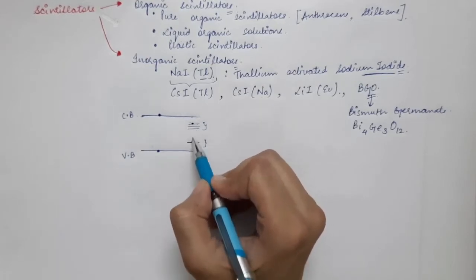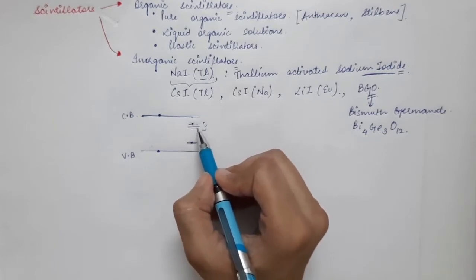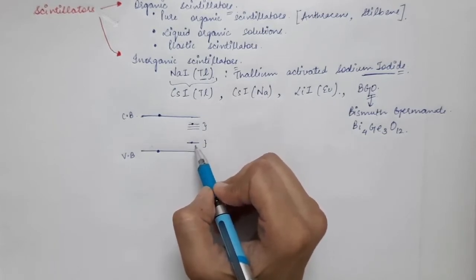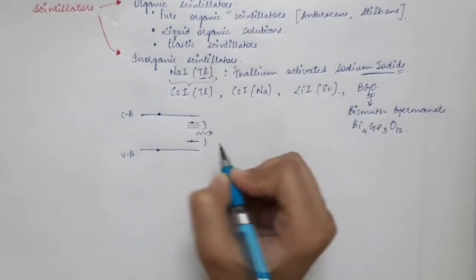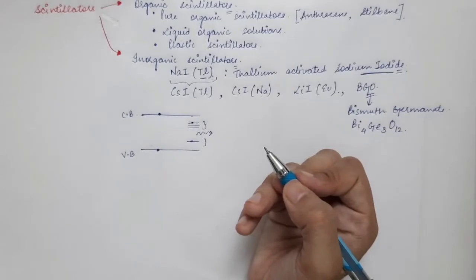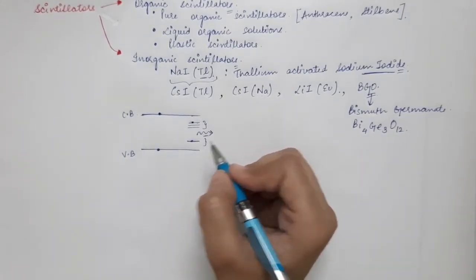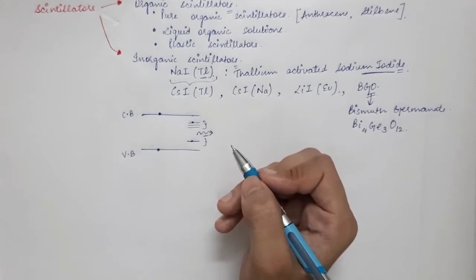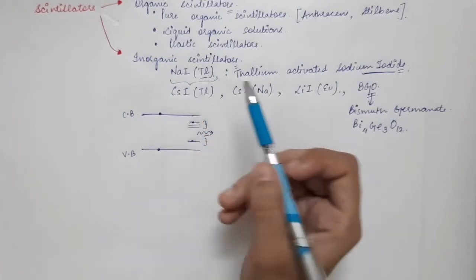In this process, light flashes are emitted, and these light flashes are made to enter the PMT, and we get an electrical signal. So this is the purpose of adding this impurity.